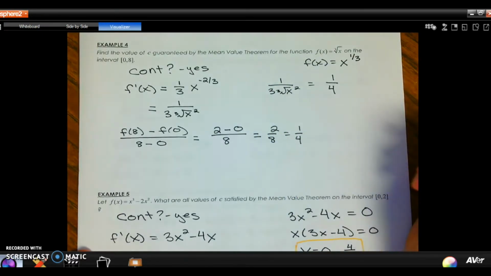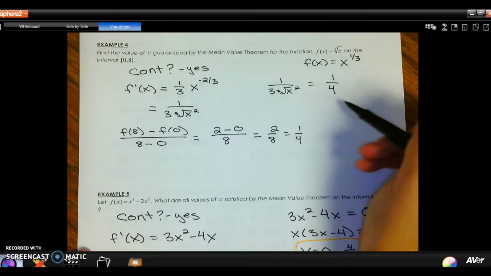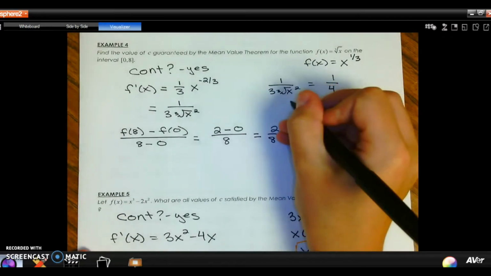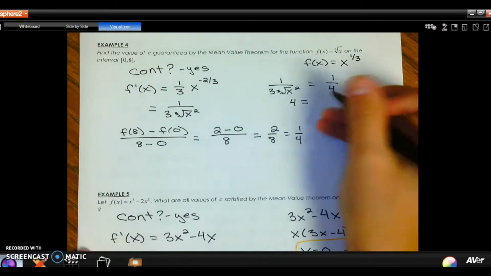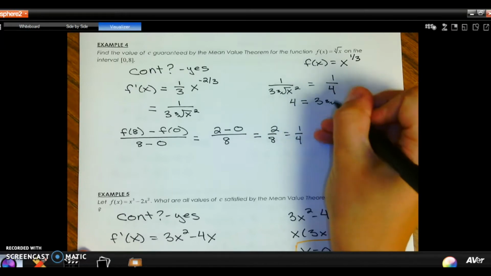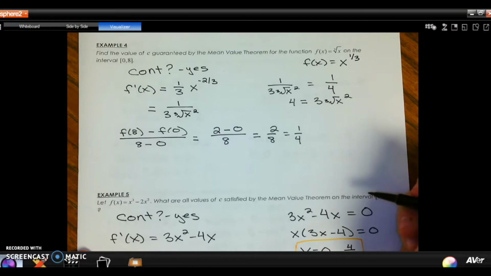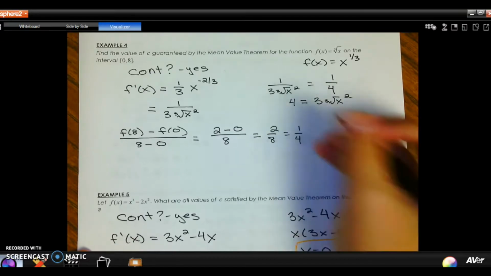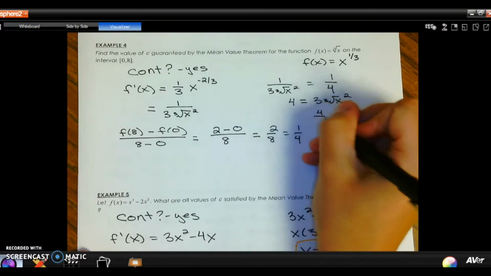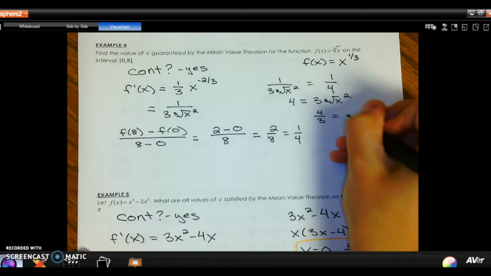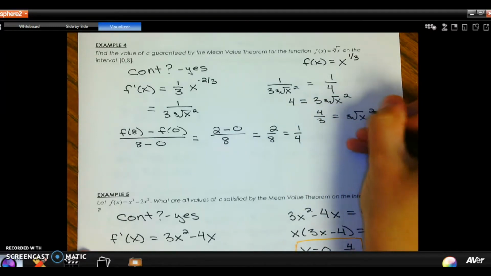Then you've got fractions with an equal sign between them, so you're going to cross multiply. You get 4 equals 3 cube root of x squared. Then you can solve for x there, probably divide both sides by 3. So then you get 4 over 3 equals the cube root of x squared.